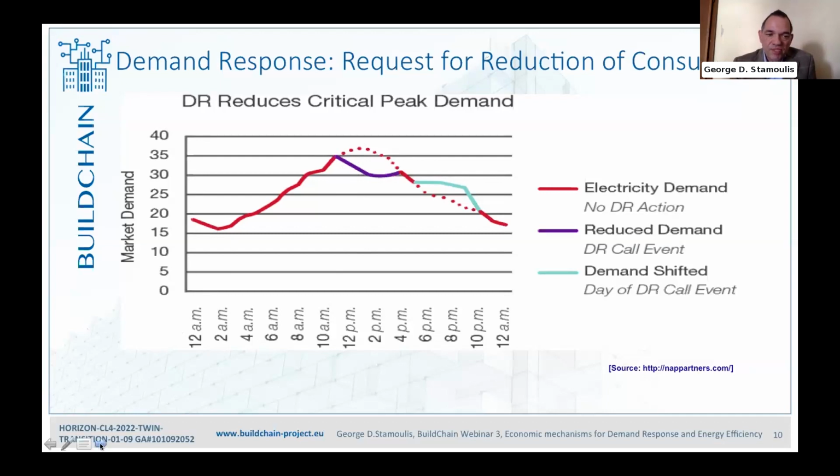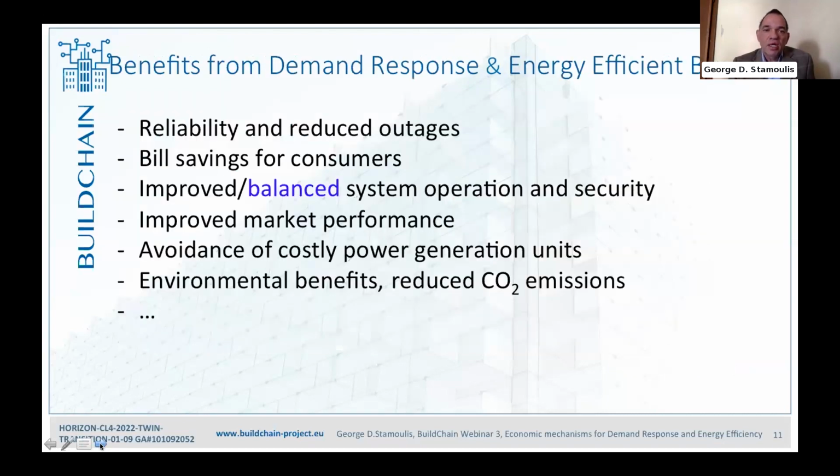And what will the benefits be if this is indeed attained? We will have reduced outages of the system and increased reliability. We will have a balanced system, so the transmission network will have less risk of an outage.